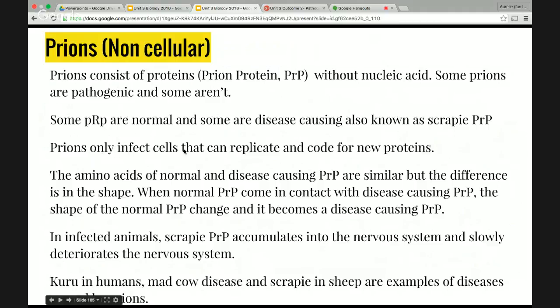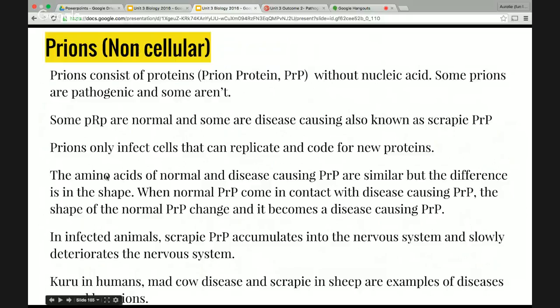Prions only infect cells that can replicate and code for new proteins. So basically, any animal cells can do that, so the prions can infect animal cells.